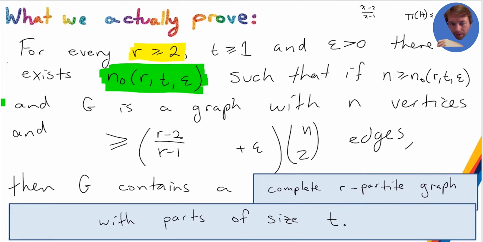Okay. The thing that maybe you're not so used to is this whole thing about making the number of vertices large. That's going to come in later, and there's going to be a pigeonhole argument, essentially. I think that's the only place we're going to use that the number of vertices is large.